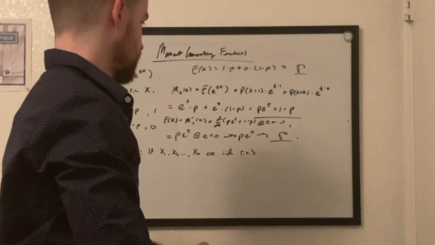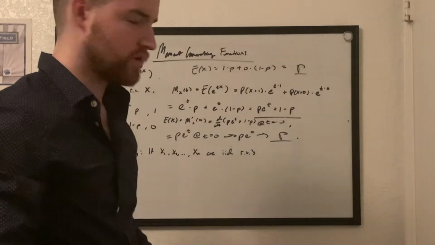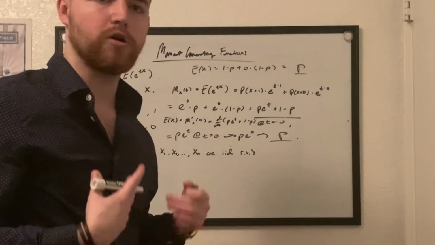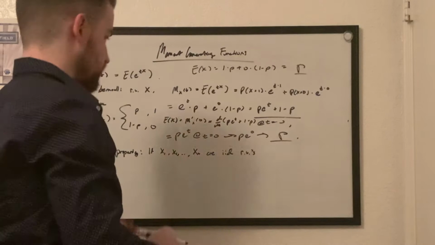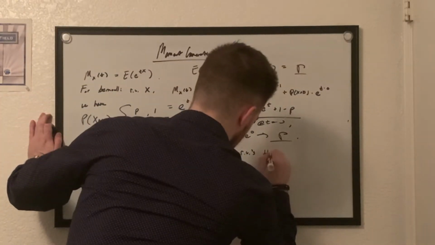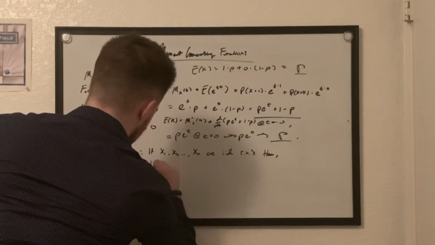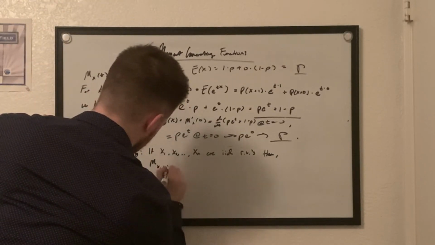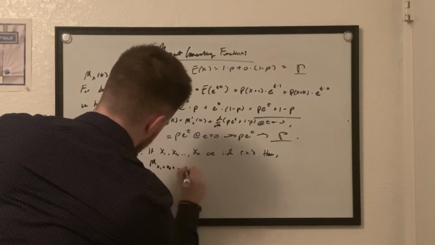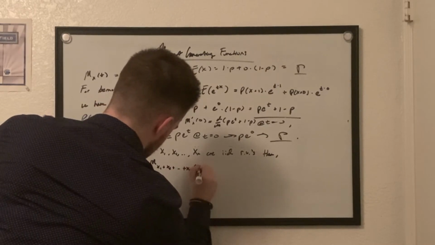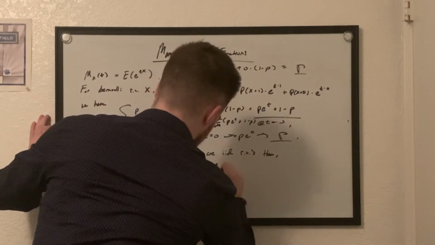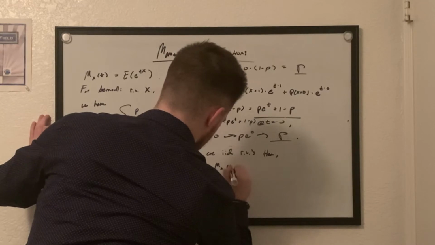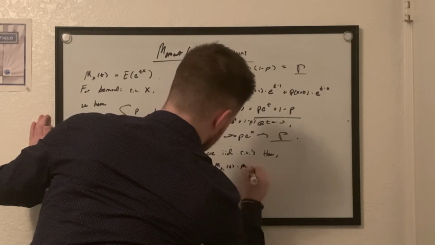And given they follow the same distribution, in this case we are going to assume they're all Bernoulli random variables, then the moment generating function of their sum, X1 plus X2 all the way up to Xn, is equal to the product of all their MGFs.